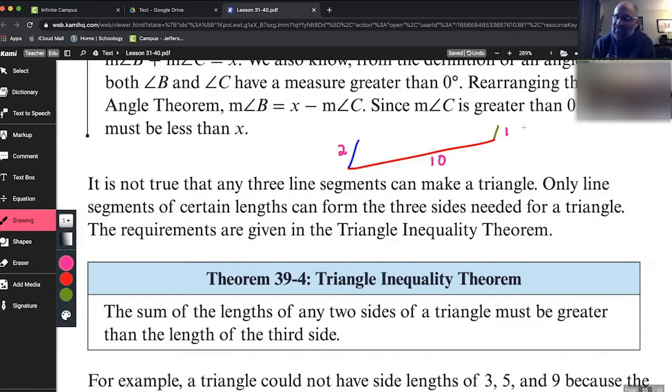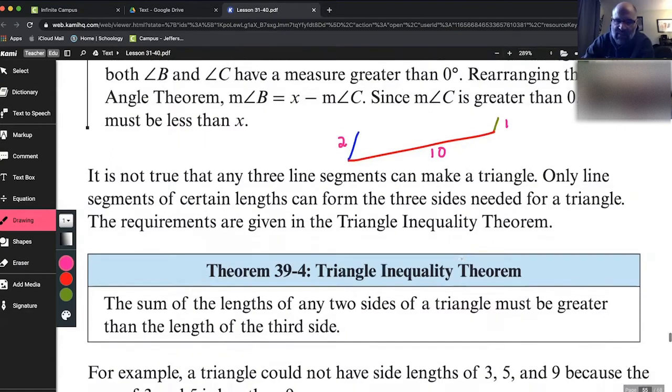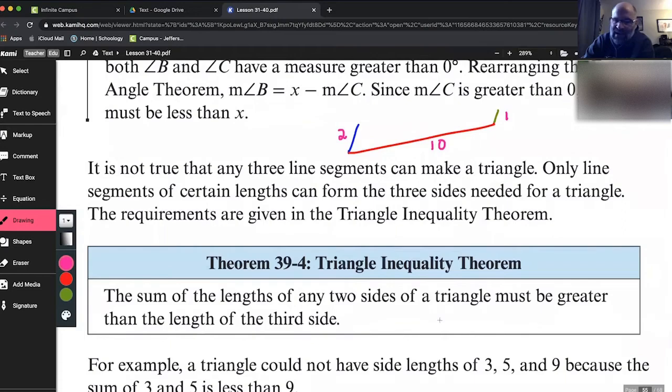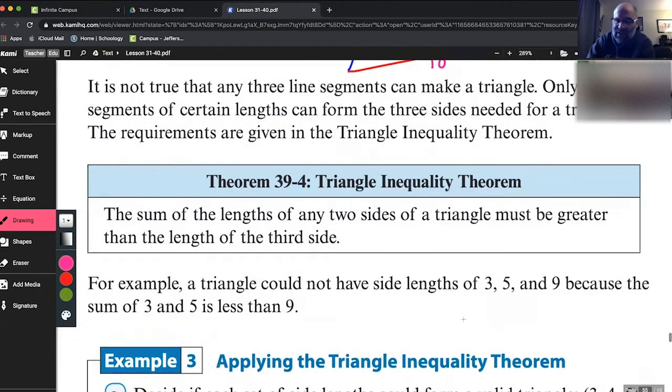So the easiest way to tell is to look at the 2 smaller sides and see if they add up to more than the third side. Okay, look at this example. A triangle could not have the side lengths of 3, 5, and 9 because the sum of 3 and 5 is less than 9. If I tried to draw this triangle, let's say this is 9.